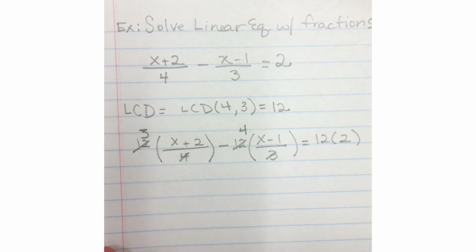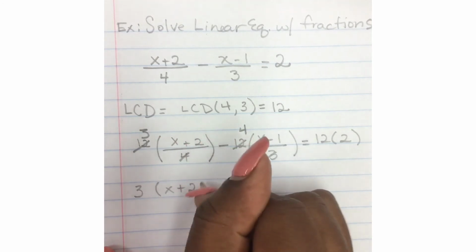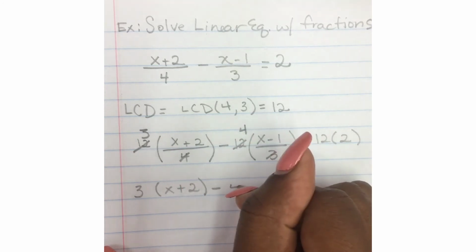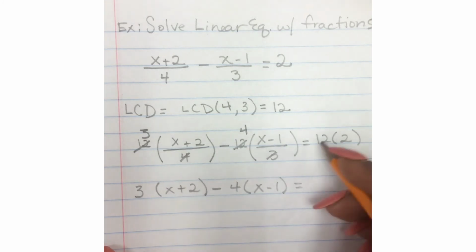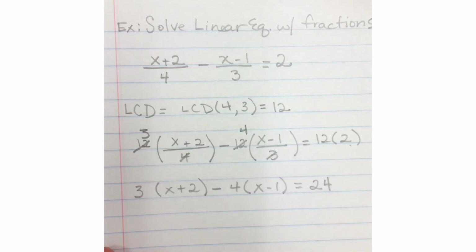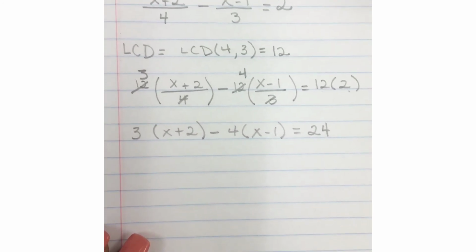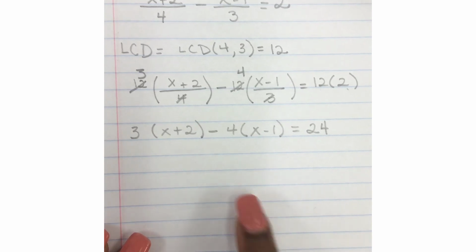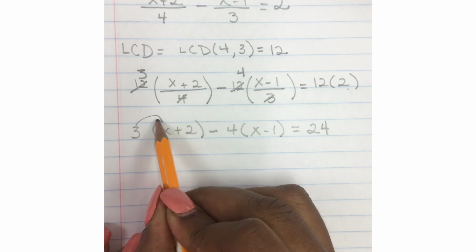So when we rewrite this, we get 3 times x plus 2 minus 4 times x minus 1 equals, well, we can multiply 12 times 2 is 24. So the purpose of the least common denominator is to get rid of the denominators that are originally in the problem. And once we get rid of those denominators, we can distribute and solve our equation.